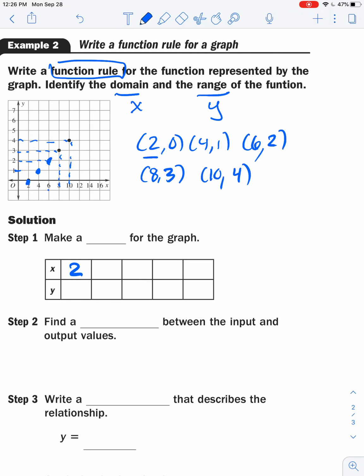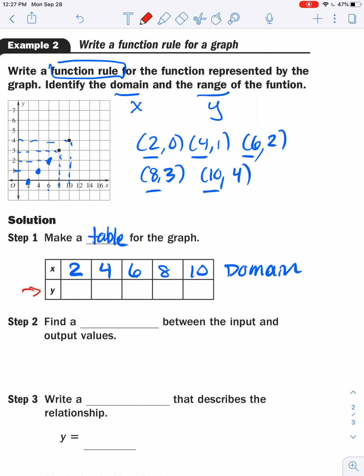So when I lay it out this way, keep in mind, these are my X values: 2, 4, 6, 8, 10. That's going to be the X values for my table. That is also going to be my domain.